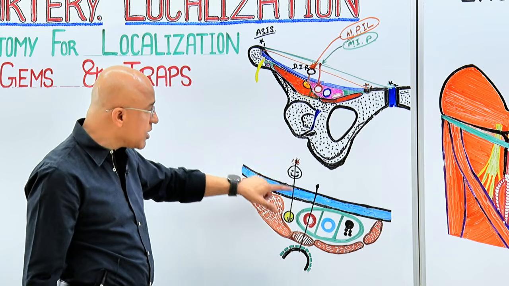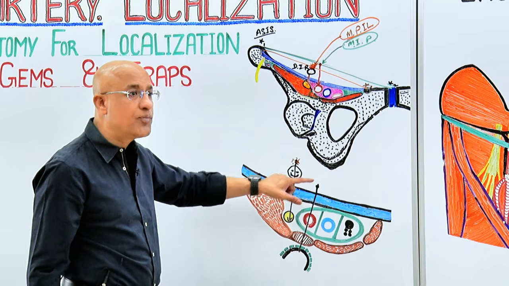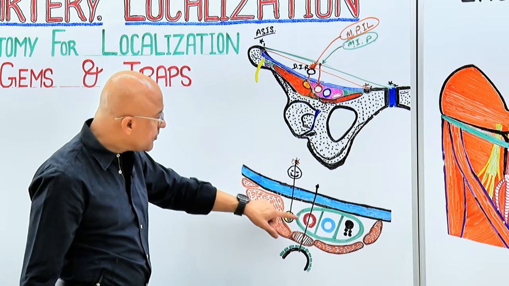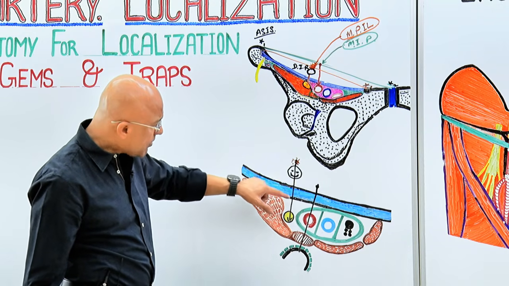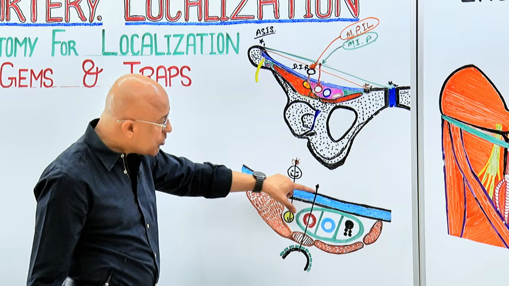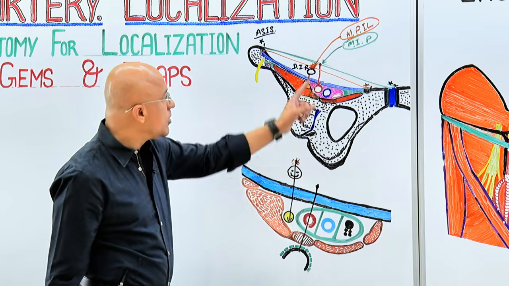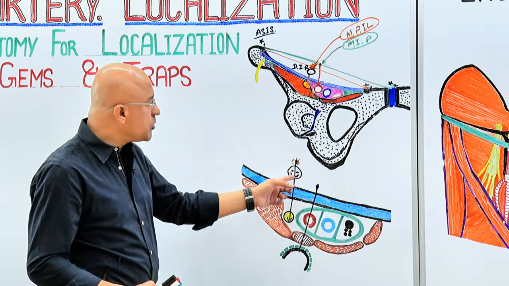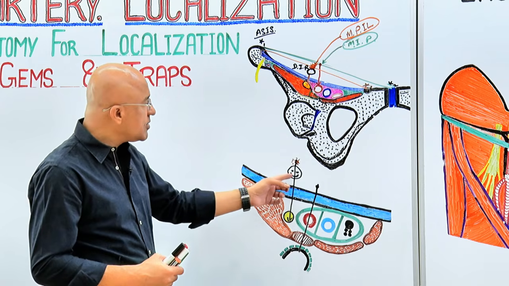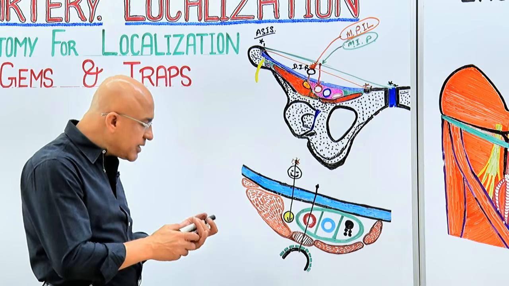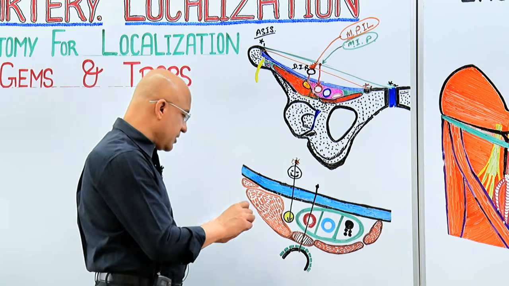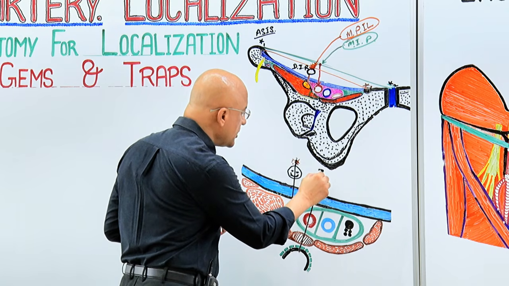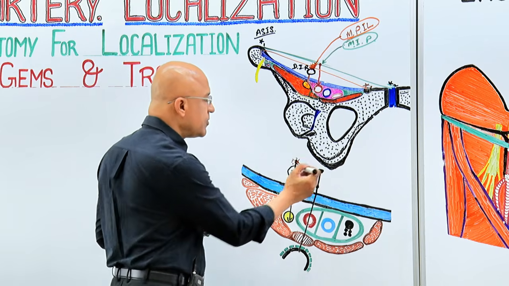But if you are looking for artery localization, you will go for the mid-inguinal point, right? The difference is that the mid-inguinal point is a little medial, and the midpoint of the inguinal ligament is a little lateral. This little difference is a great difference, right? Which point was this? What was this point?